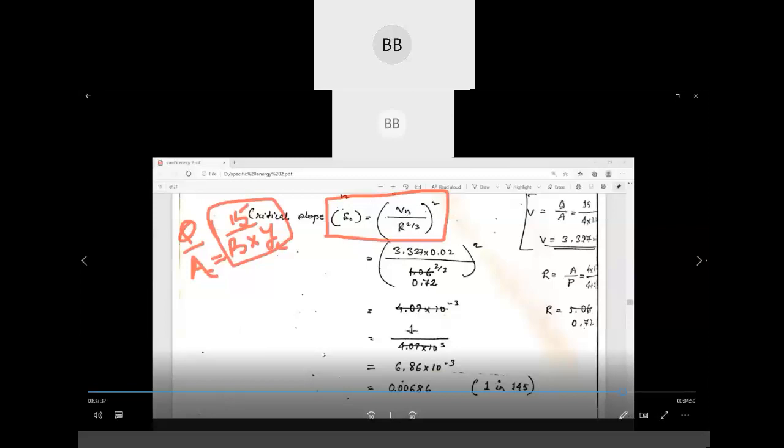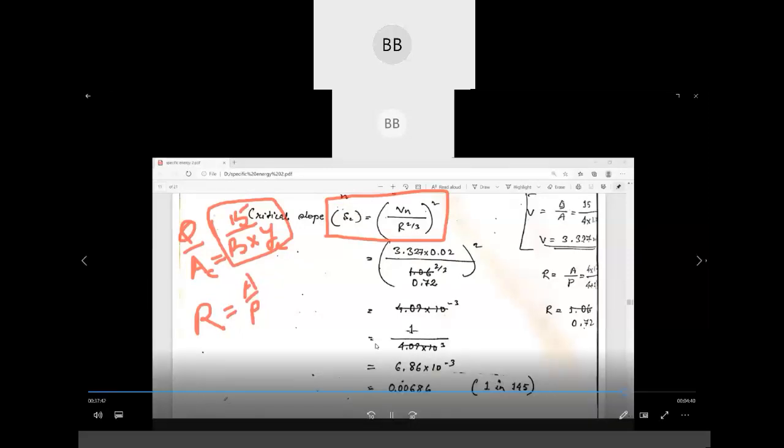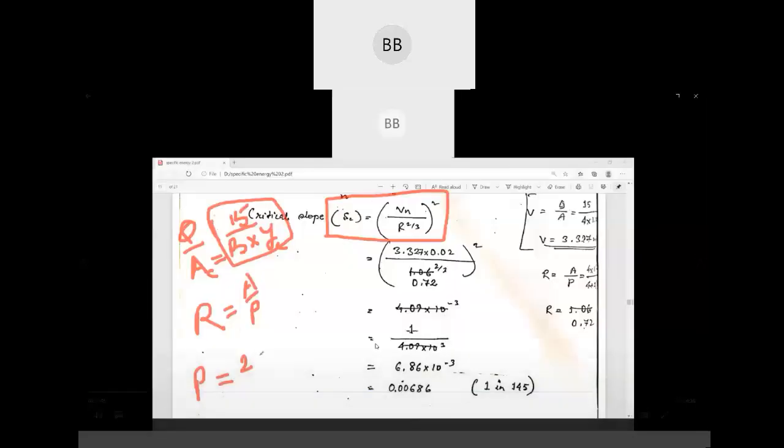Substitute here; n value is given, and R is again A by P. Area we have already calculated, that is B multiplied by yc, and for the wetted perimeter it will be twice yc plus B. yc we have already calculated, multiplied by 2, plus B, given as 4 meters, and you will get the wetted perimeter.